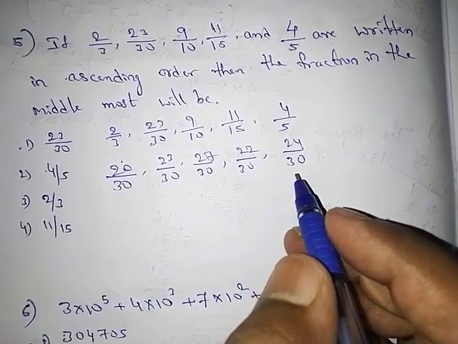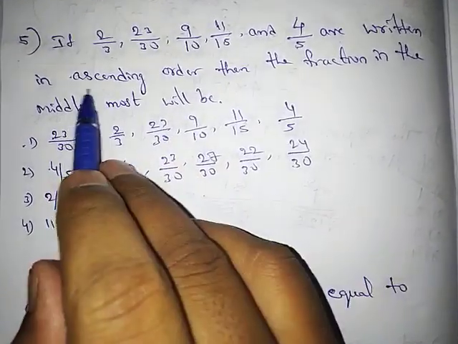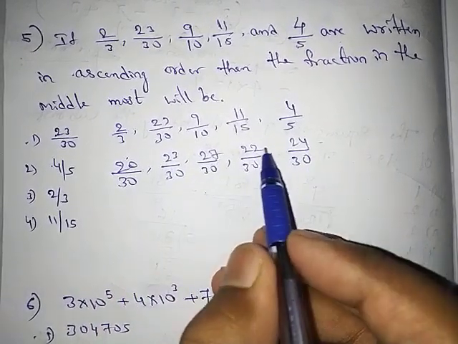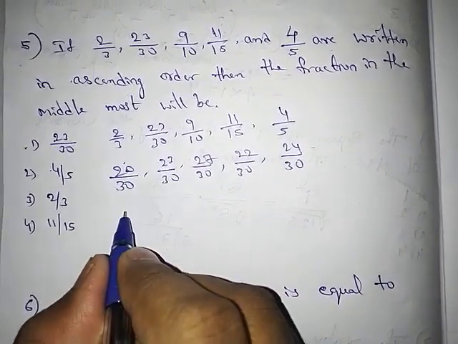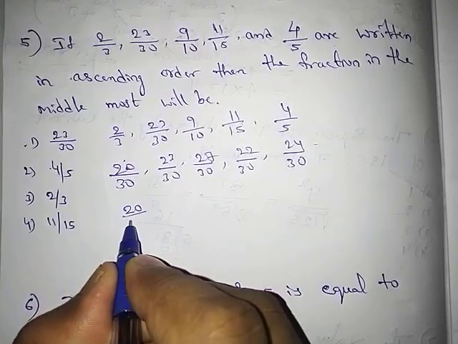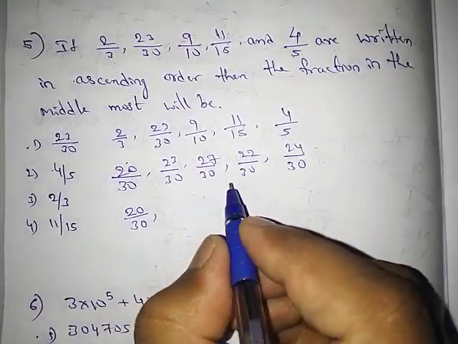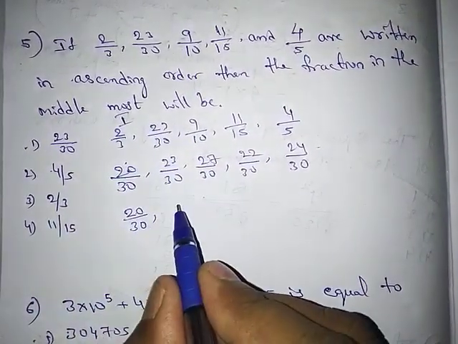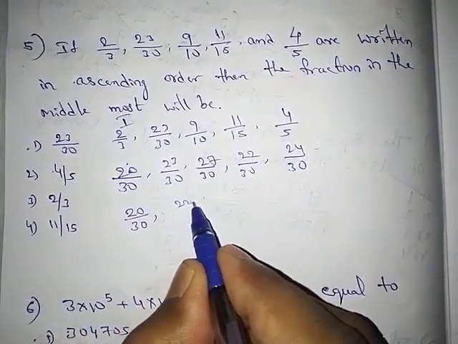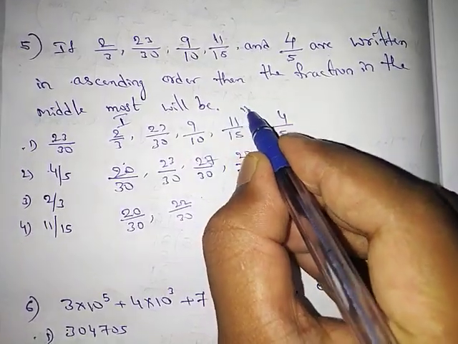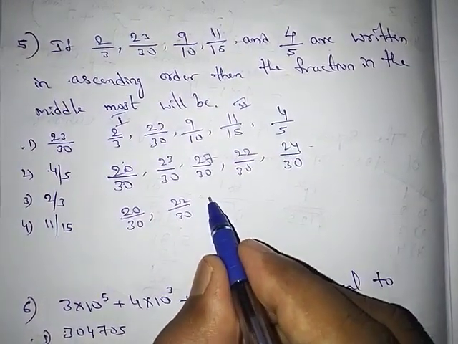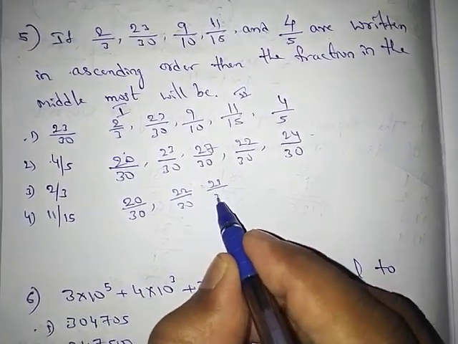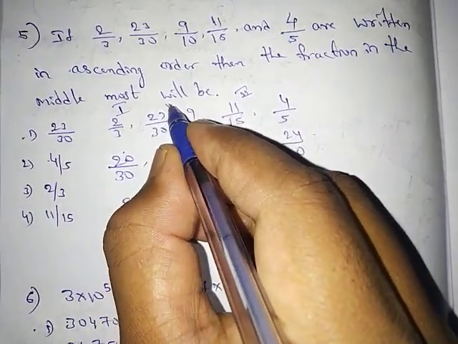So now you have to write it in ascending order. Ascending order means smaller to bigger, right? So which is smaller here? Consider the numerator. 20 is the smallest, right? So 20 by 30, this one is first. And the second one is 22 by 30. And the third one, after 22, is 23 by 30, so this is the third one.